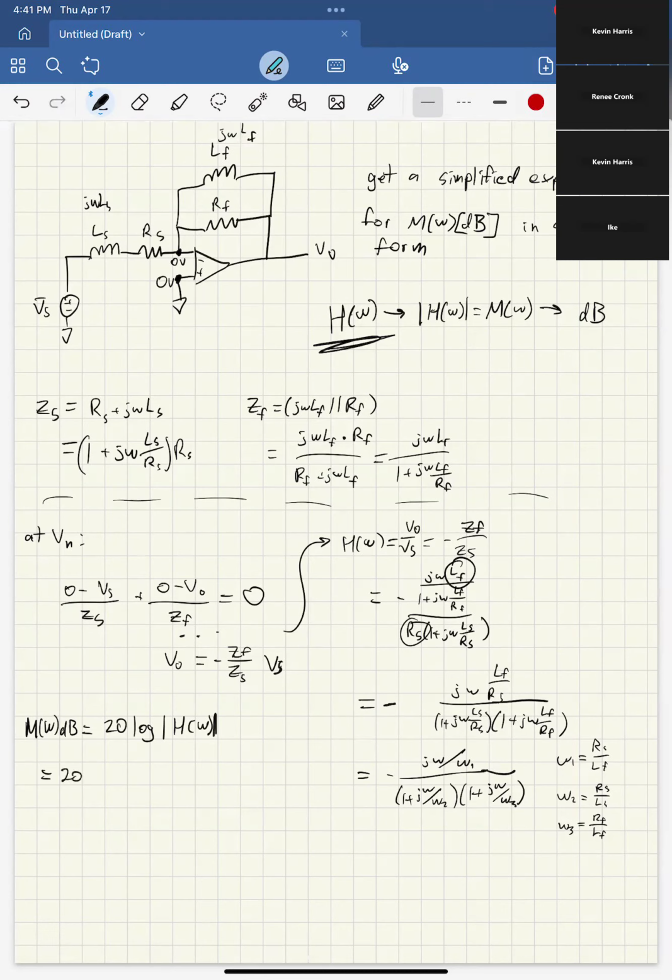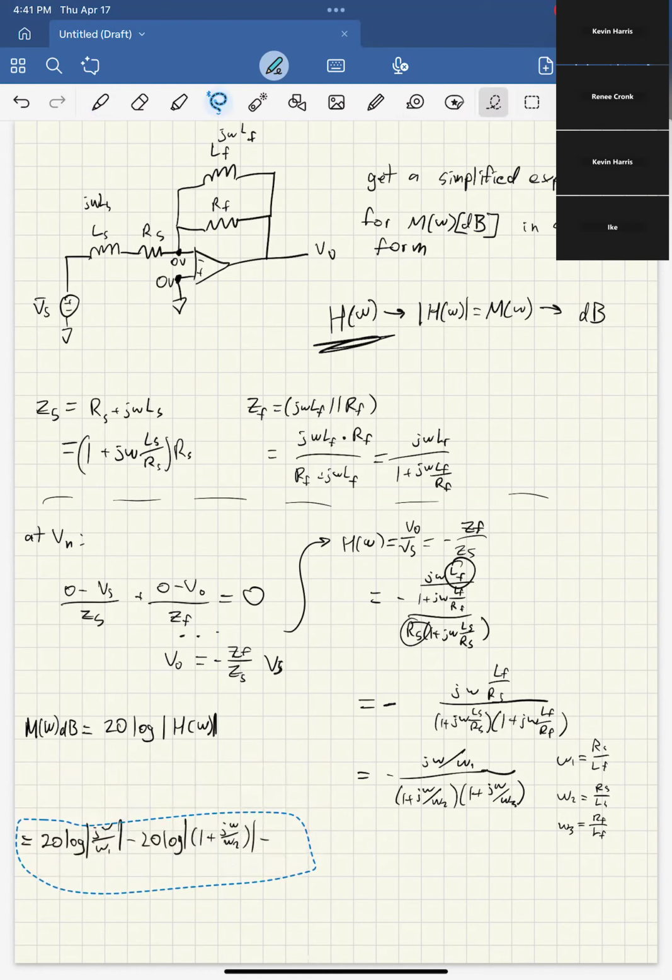It would be 20 times the log of the magnitude of j omega over omega 1, minus 20 times the log of the magnitude of 1 plus j omega over omega 2, minus 20 times the log of the magnitude of 1 plus j omega over omega 3.